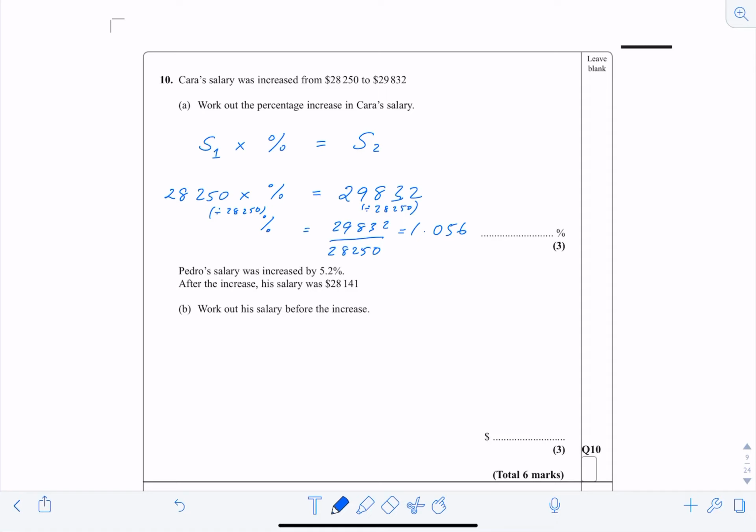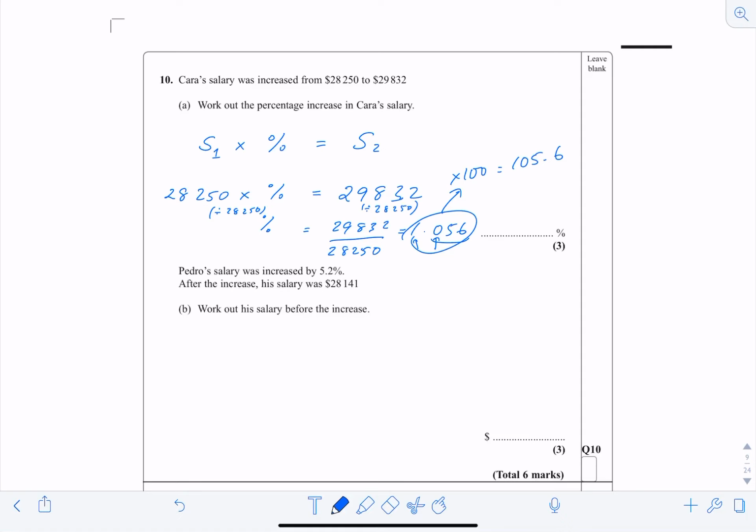Now, what is that as a percentage increase? Well, what we do is we forget about that thing there, and we just look at these figures here. This here is the starting value of the percentage. So essentially what we're going to do is times this by 100. If I times that by 100, I get 105.6.